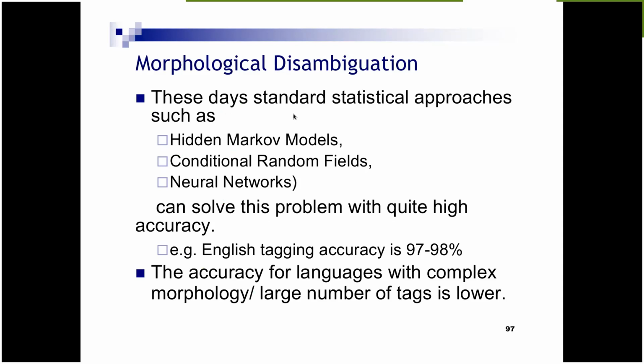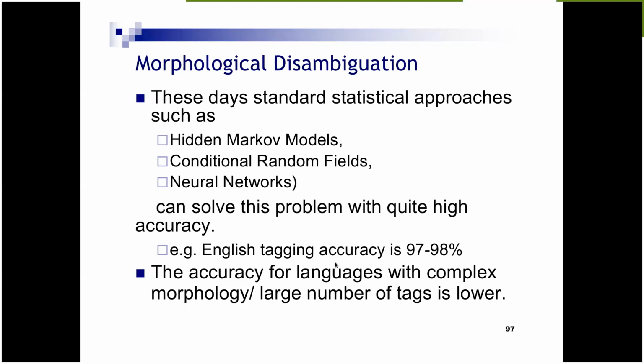And the techniques to do them, typically these days, are based on statistics, probabilistic models, and things like that. So morphological disambiguation is typically done by doing some statistical modeling or machine learning.